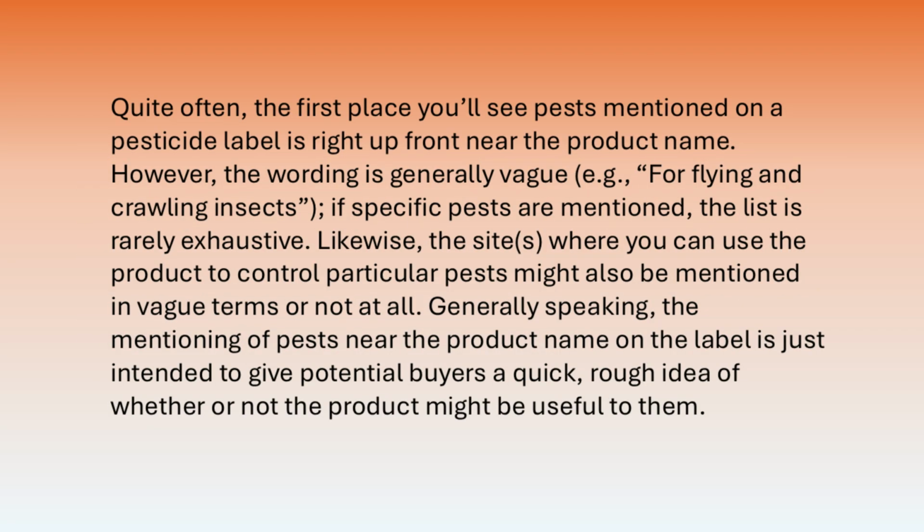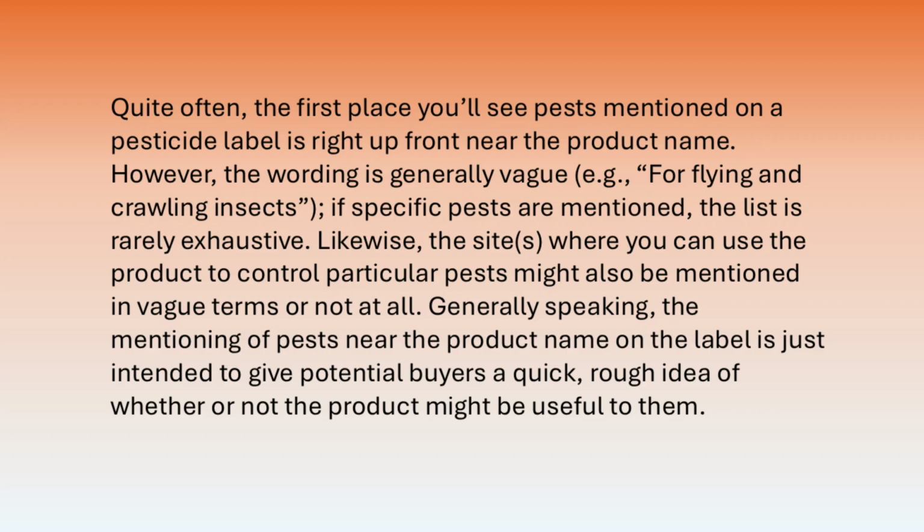Quite often, the first place you'll see pests mentioned on a pesticide label is right up front near the product name. However, the wording is generally vague, e.g. for flying and crawling insects. If specific pests are mentioned, the list is rarely exhaustive.